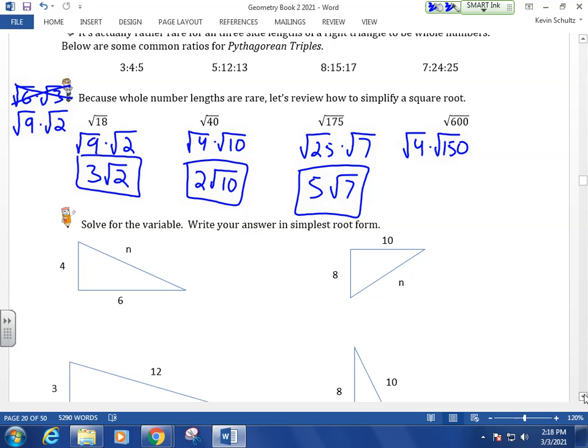Root of 24 and root of 25. Anybody else have another option? Root of 6 and root of 100. Okay. So 600 is an interesting number in that it has multiple factor pairs that have perfect squares in them.